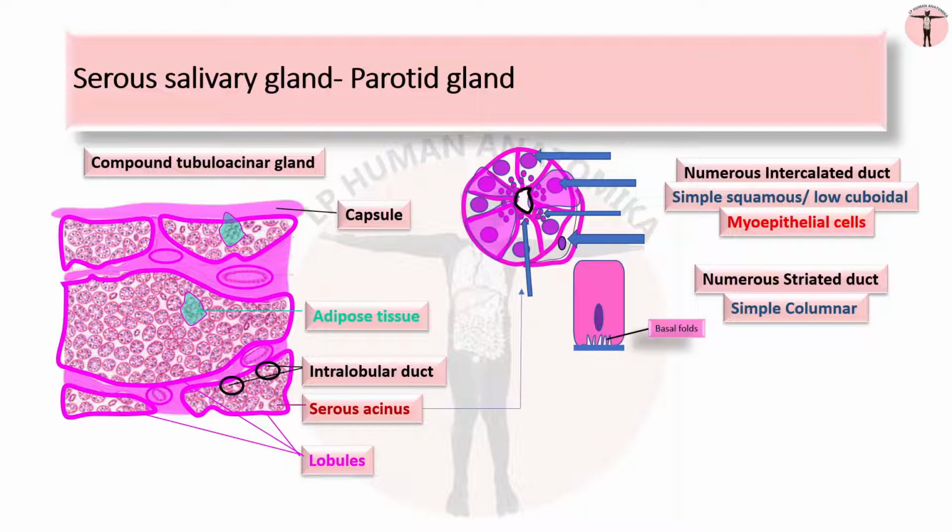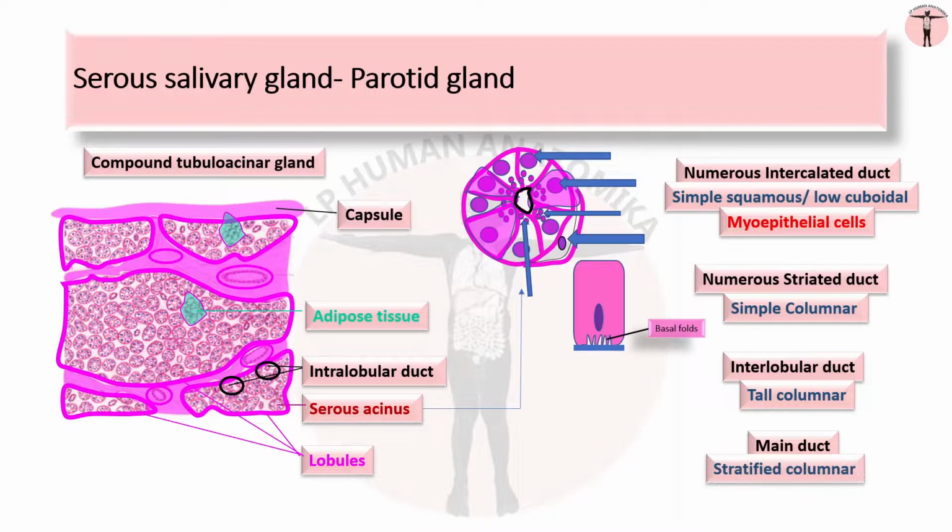The striated ducts empty their product into interlobular excretory ducts that are located in the connective tissue septa. Their lumina become progressively wider and lined by tall columnar epithelium. From the interlobular duct, the secretions enter into the single large main duct, which is lined by stratified columnar epithelium, and near the opening into the oral cavity to pour the secretions, it is lined by stratified squamous non-keratinized epithelium.